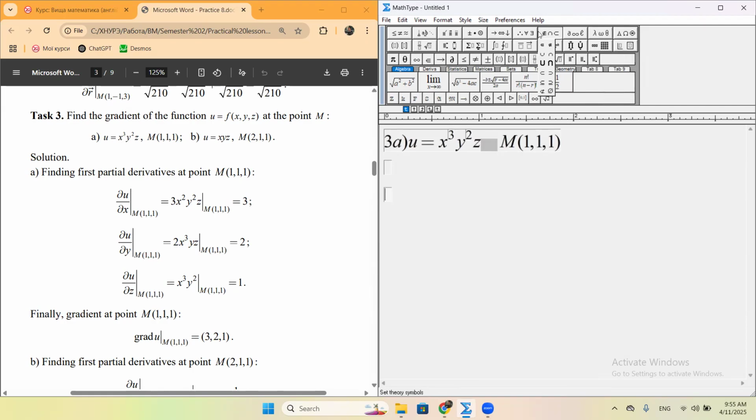So we have different symbols to mark the gradient: the operator nabla or just grad u. Actually, I don't know which symbol you use in lectures, so it's good to know both of them. So the gradient is the vector of partial derivatives.